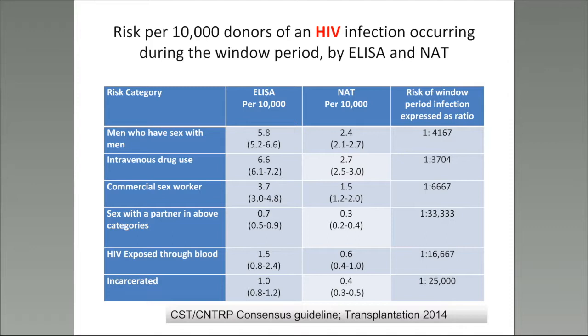And that's assuming high-risk behavior right up till the moment of organ donation. So you can see that the risk is actually quite low. You can imagine even if you used 100 organ donors like this a year, it would still be up to 30 plus years before you saw a transmission.